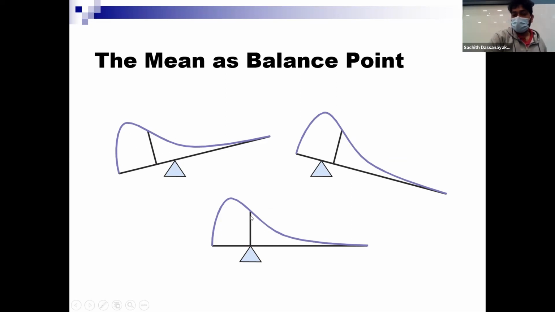You cannot balance your data set if you pick the first and second points. But if you place your object just below the mean, then it's balanced. It doesn't matter the shape of the data set. It can be skewed or symmetric. Doesn't matter.